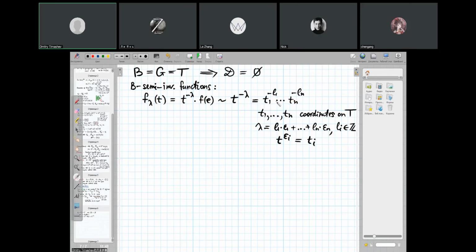Any character is a semi-invariant function on the torus. This means that the weight lattice in this case is just the character lattice of the torus. It is a lattice of rank n, and the basis of this lattice is given by these epsilon i's.